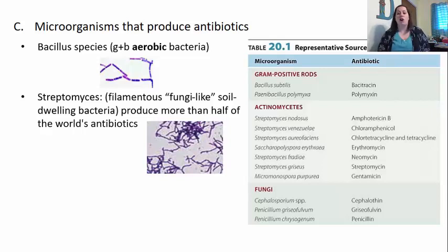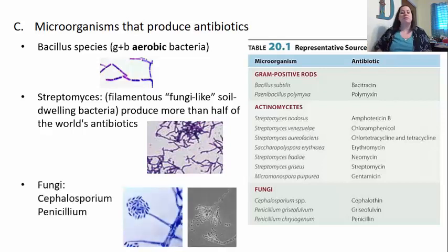If you'll notice, it's a large group here that includes things like erythromycin, streptomycin, gentamicin. And we also see that there are also some fungi that produce antibiotics. Cephalosporium and penicillium. All right, these two are different types of fungus that actually can help produce antibiotics as well. All right, so these are going to be some key. The more and more we learn about fungus and bacteria, the more and more antibiotics we could potentially discover.